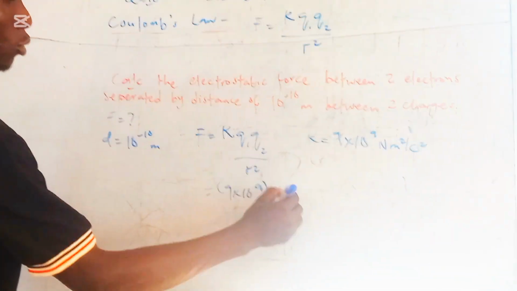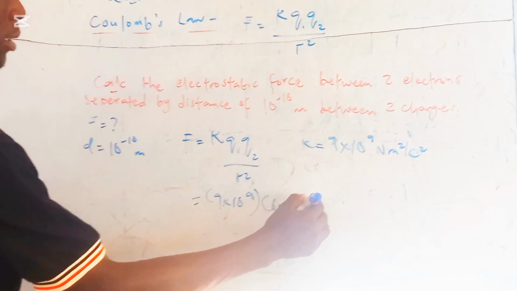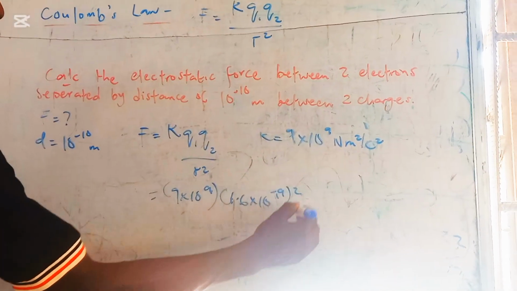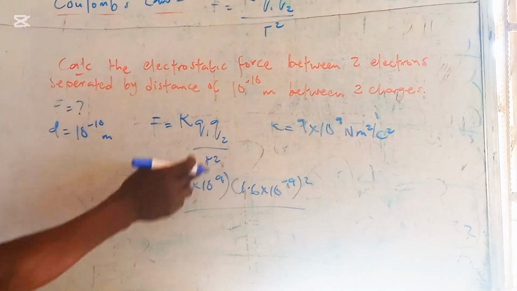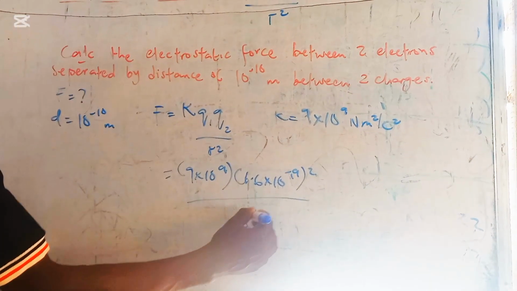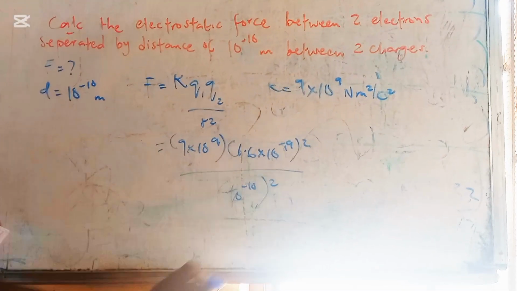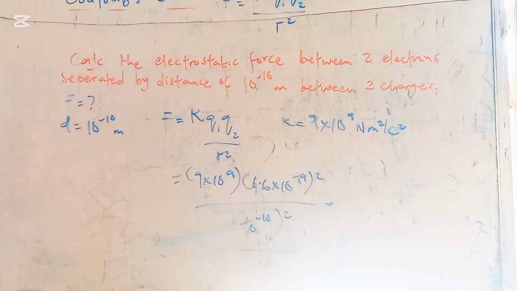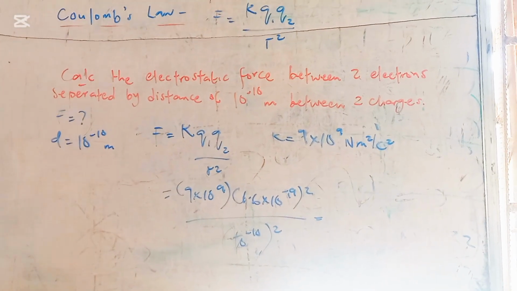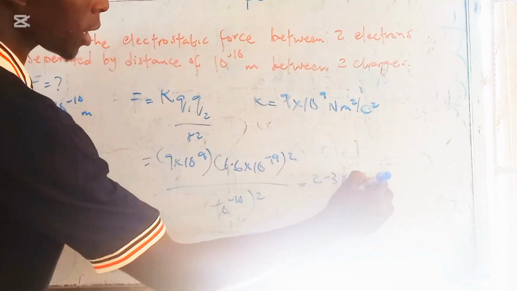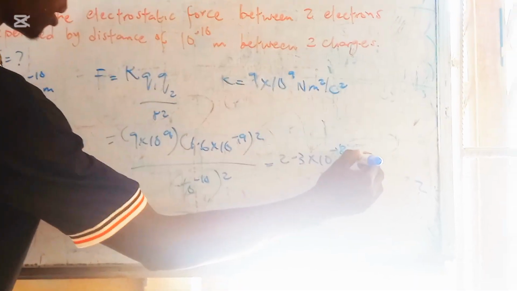So we have 1.6 times 10 raised to the power minus 19 squared, over the square of the distance, which is 10 raised to the power minus 10 raised to the power 2. Now when we calculate that on our calculator, we will be having 2.3 times 10 raised to the power minus 8 Newton.